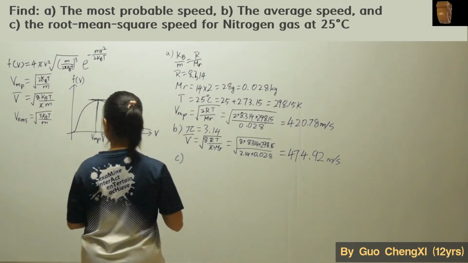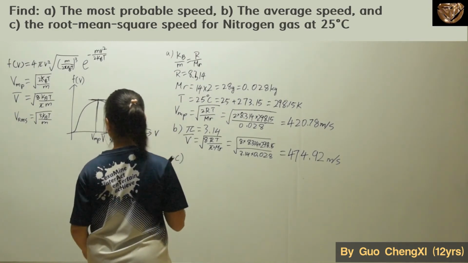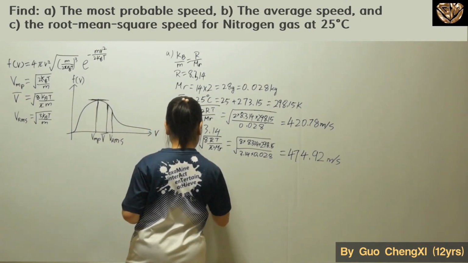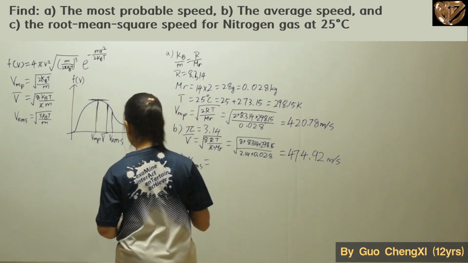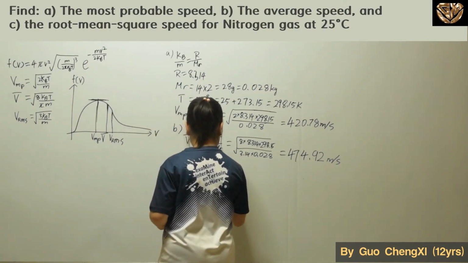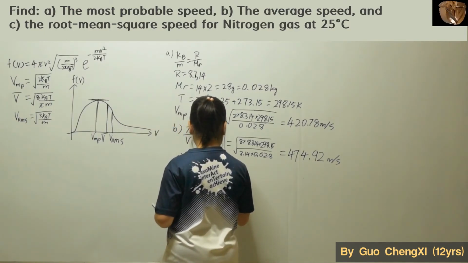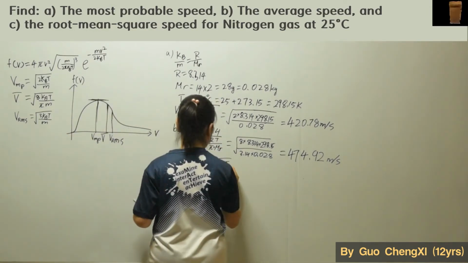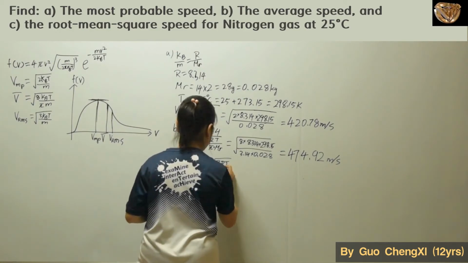Well, over here for this part, what we're going to have is the root mean square. What we're going to have is 3RT, because the kB over m becomes R over Mr, sorry.